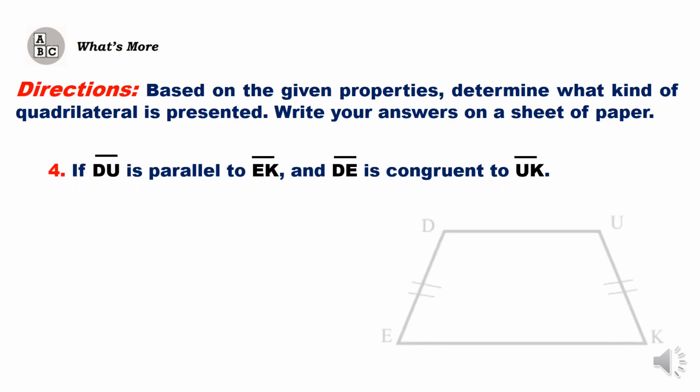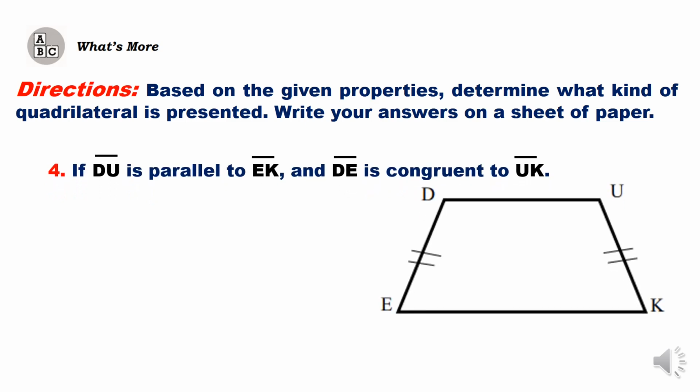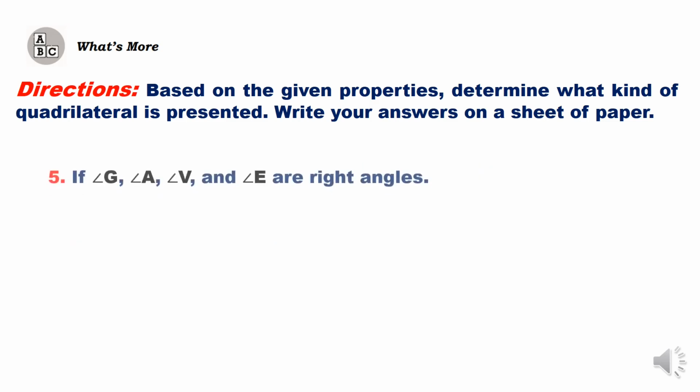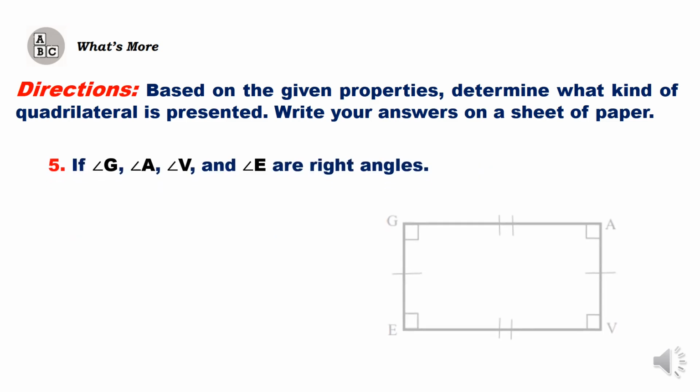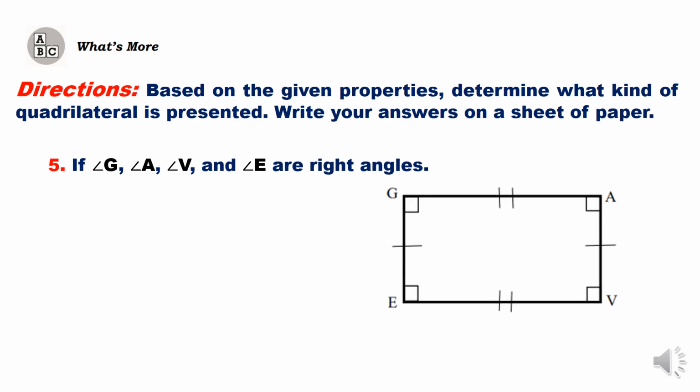If line segment DU is parallel to line segment EK and line segment DE is congruent to line segment UK, quadrilateral DUKE is a blank. If angle G, angle A, angle V, and angle E are right angles, quadrilateral GAVE is a rectangle.